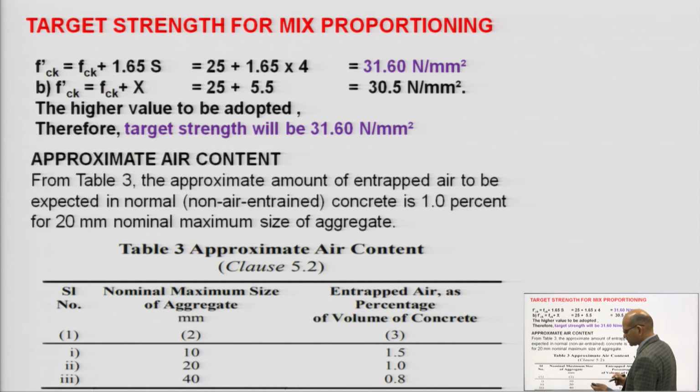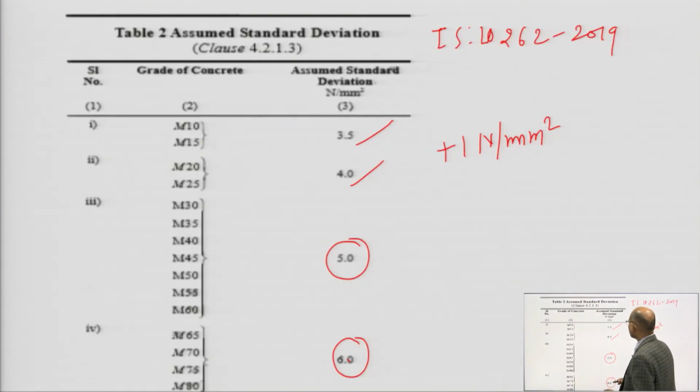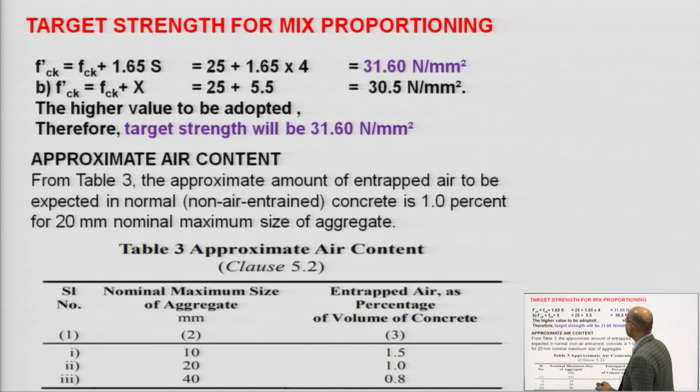Okay. Here I have taken M25 grade concrete. For M25 grade concrete, what is the standard deviation? It is f_ck plus 1.65 times s, where 1.65 is the statistical constant, and the standard deviation has been taken from Table 2. This value is 4. Just multiply, you will get 31.60. Similarly, we have another equation: f'_ck, the mean target strength, equals f_ck plus X value.